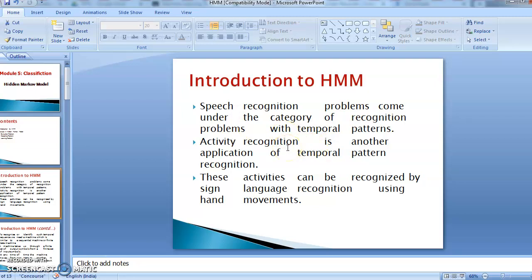In that case also, the input is captured and every sign is encoded, and the sequence of those signals belongs to one particular letter. So one particular word can be identified with the help of that activity. Sign language recognition and speech recognition are categories where the hidden Markov model is widely applied.